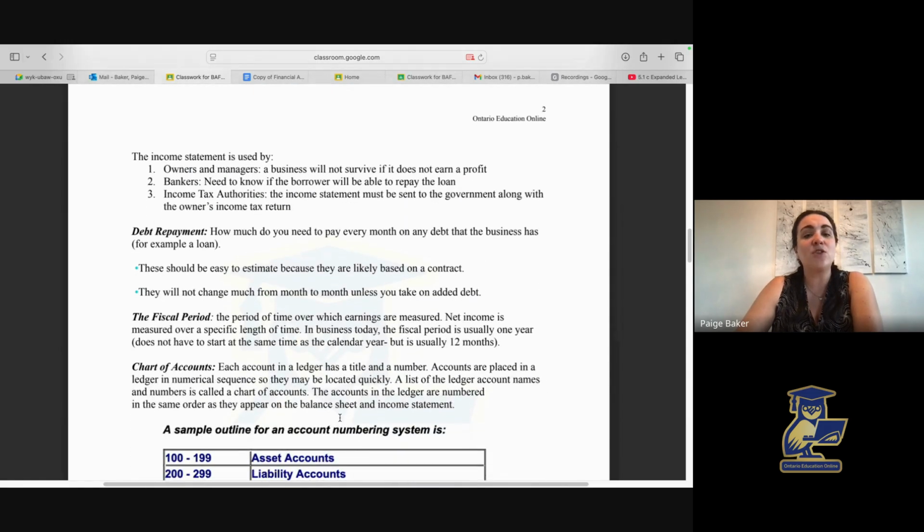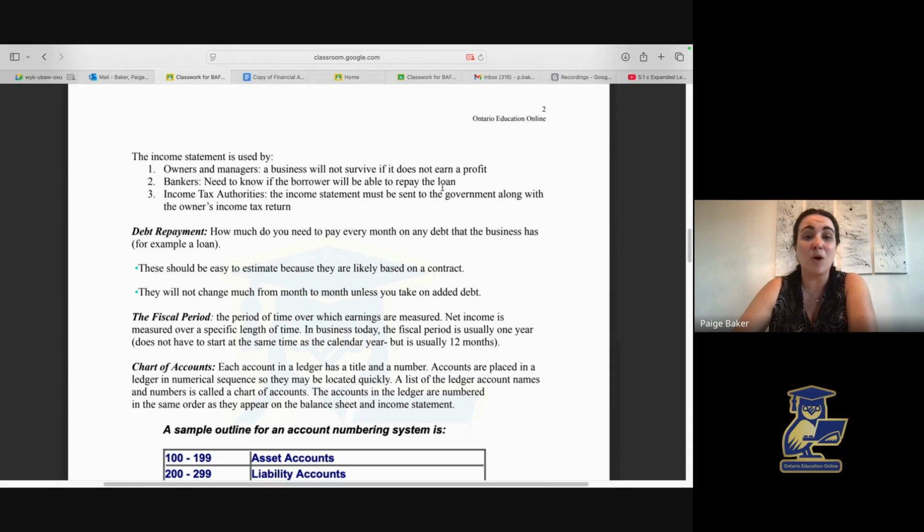The income statement is used by different stakeholders, one being owners and managers, just to see how much profit a business is making. It's important because a business will not survive if it is in a net loss for a long period of time. Bankers need to know if the borrower will be able to repay the loan.